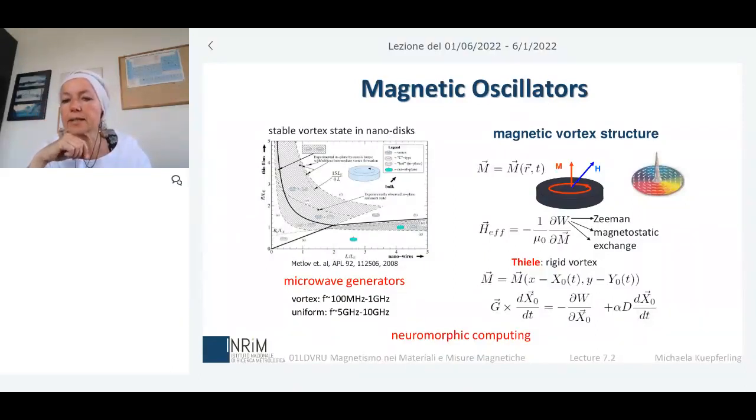And the other thing is that since vortex structures have a different dynamic behavior, it's nice to use them also in sensors. So they have improved behavior, especially with respect to noise, with respect to uniformly magnetized structures.